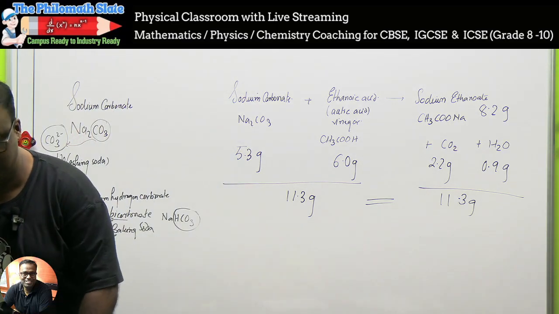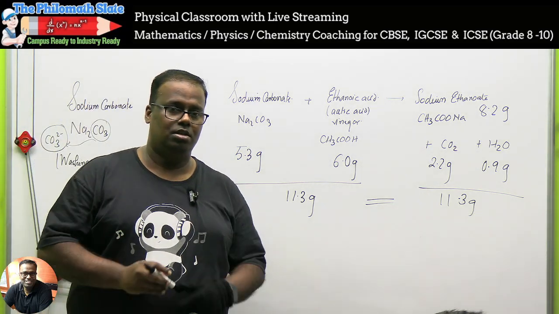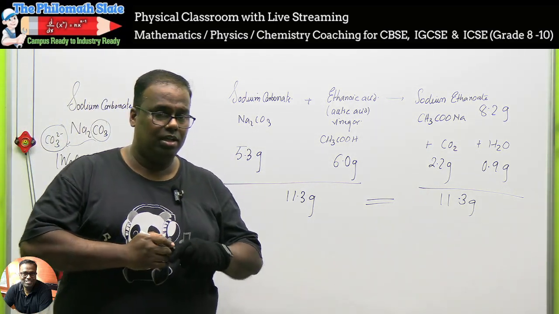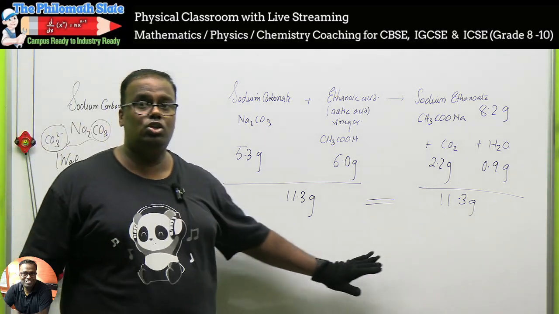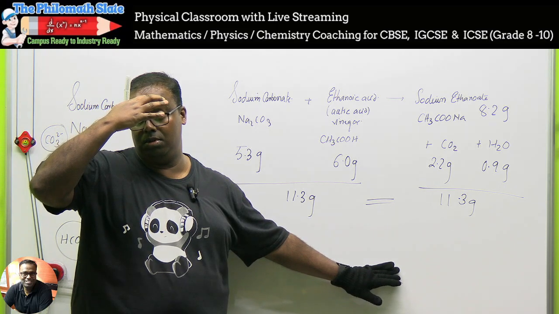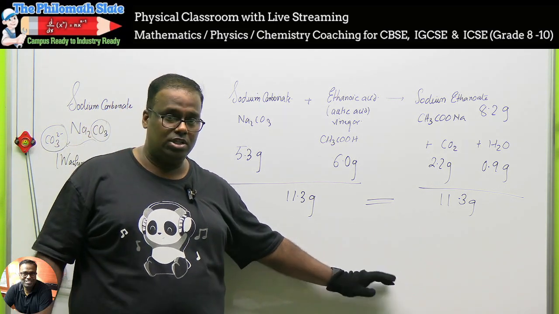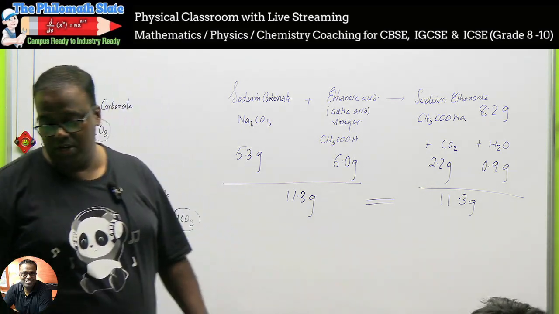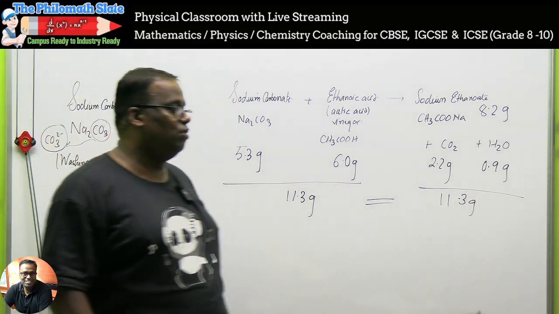Write that. It is given in the problem, right? The question is show that this data verifies the law of conservation of mass. You write it, don't leave it, I'll wait for you.